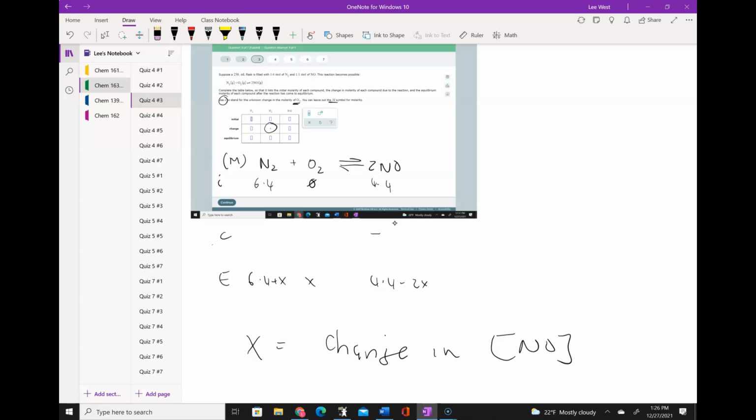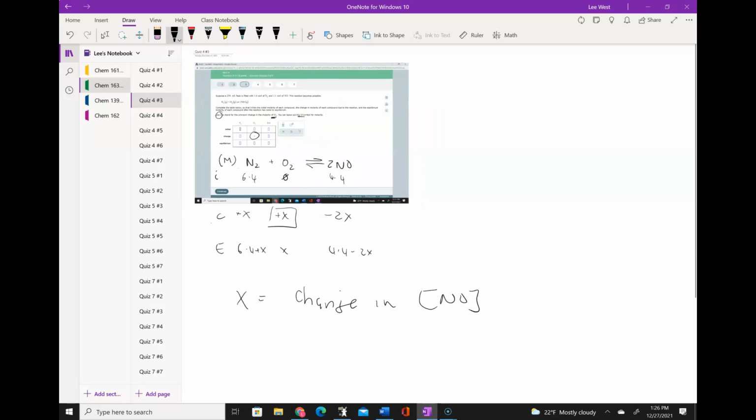Now, in our case, how we set this up was much more sensible. We said there's one of those, so that's 1x that goes up by, and there's one of those, so that's 1x that goes up by, and there's two of those, so that's 2x that goes down by. And that works in this case because the change in O2 is x. You'll also see here that they haven't specified whether it was an increase or a decrease, so you don't have to put the minus signs in and the plus sign in.